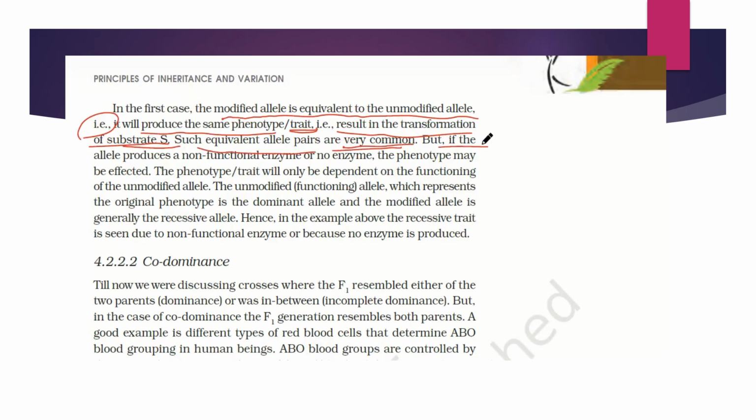But if the allele produces a non-functional enzyme, that is, an enzyme which is not properly functioning, or if no enzyme is produced at all, what will happen? The phenotype will be affected, and the phenotypic trait will only be dependent on the functioning of the unmodified allele. Is it clear?